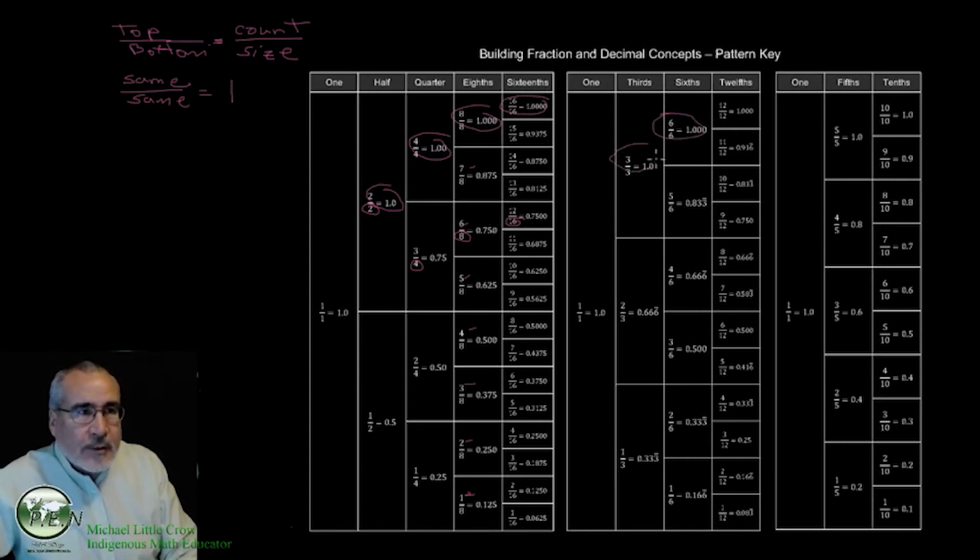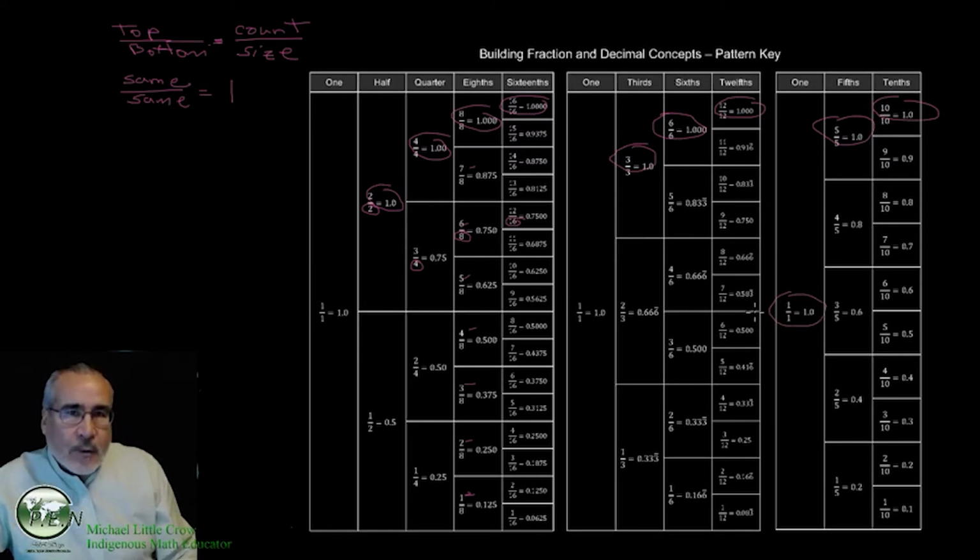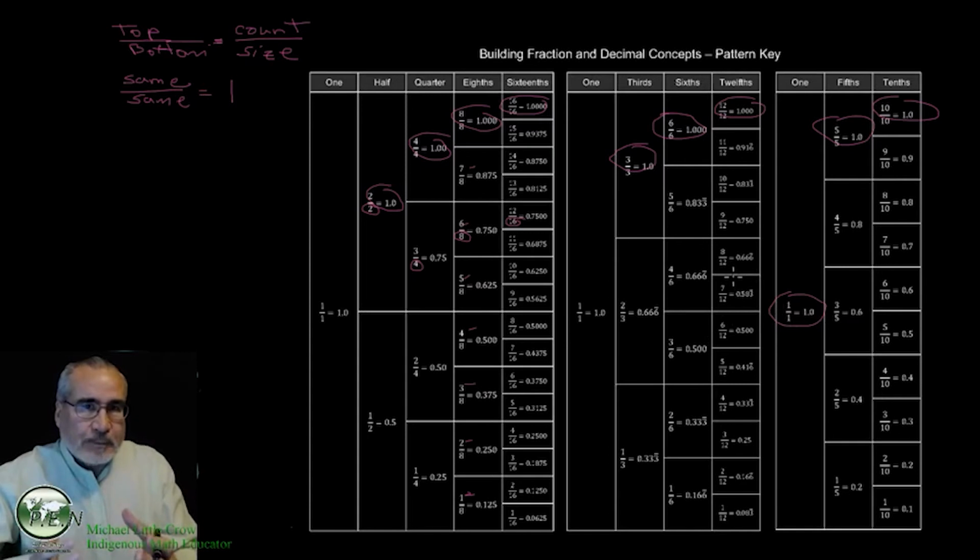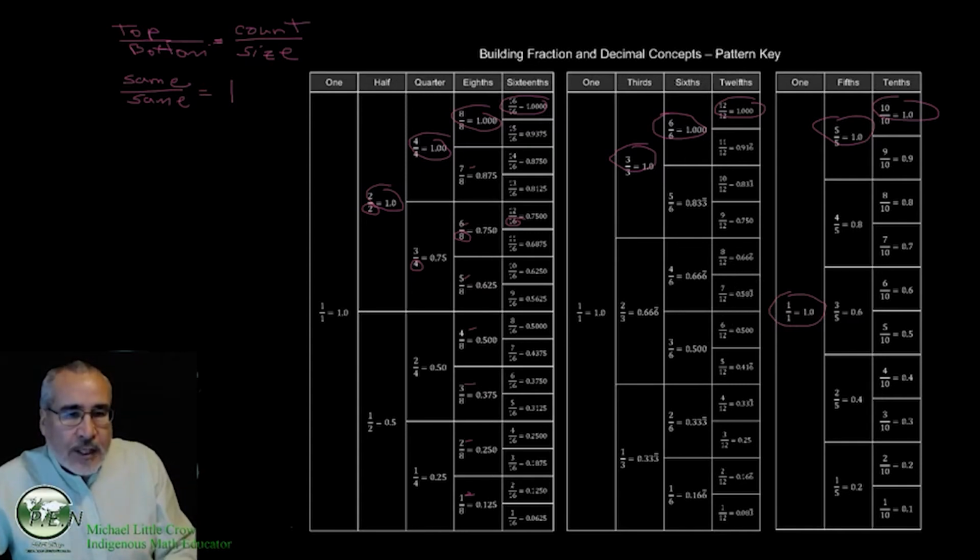Let's not forget 3 over 3, or 12 over 12, 10 over 10, 5 over 5, and of course 1 over 1. These are all different ways of writing 1. And we're going to see that means a completion. So along with this concept of making 1 is another concept, and that's the concept of a complement.